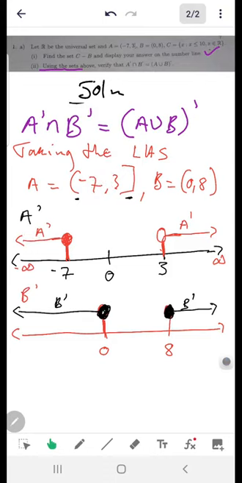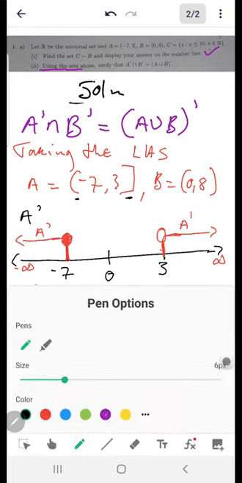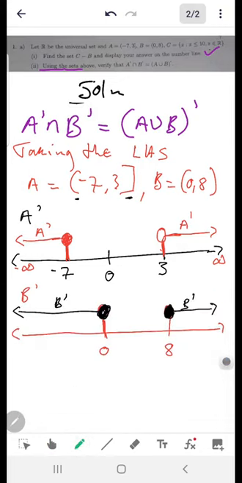Now let's find the left hand side, which is A complement intersection B complement. I'm going to draw set A on this portion, and I'll use a different color, purple, as A complement.